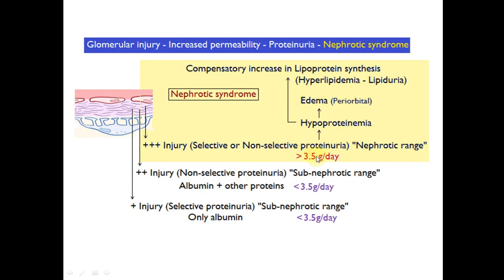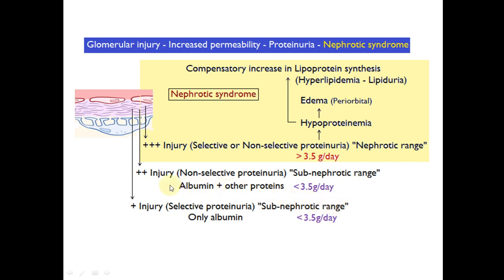So, what we discussed is that nephrotic syndrome is the result of glomerular injury to the filtration barrier, followed by increased permeability and leakage of proteins. If the injury is mild, there may be selective proteinuria and only albumin is filtered. If the amount is less than 3.5 grams per day, this is subnephrotic range proteinuria.